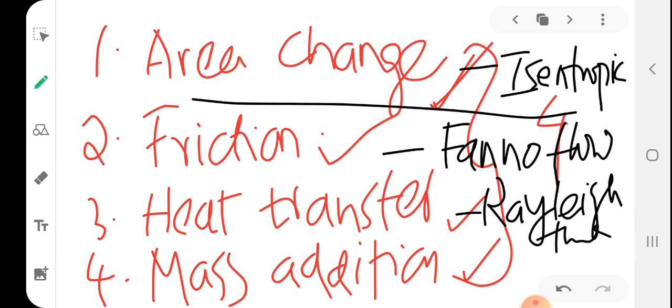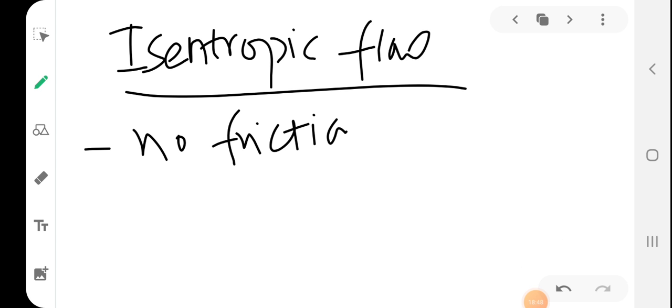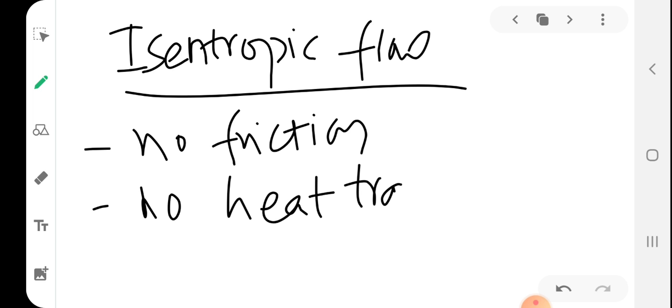Simple flows are classified on the basis of what? Driving potential. What actually causes the fluid to flow is called the driving potential. Students, here there is no friction, no heat transfer, no mass addition.